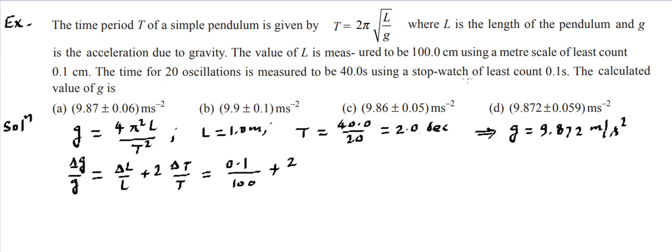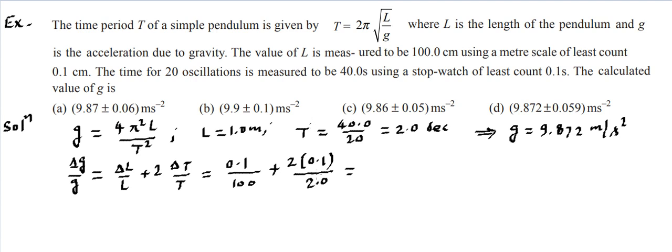It is the error, or you can call it the least count. So least count is 0.1, and it is going to behave like delta T. So 0.1 divided by T. What is the time period? We have calculated the time period, and it came out to be 2.0. Now we can simplify this expression.